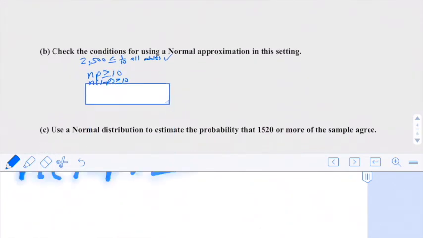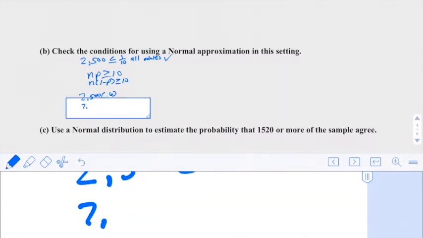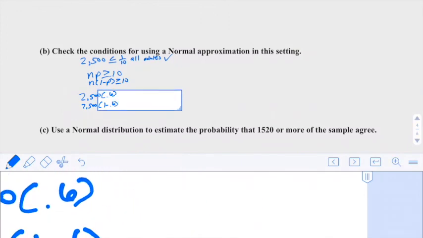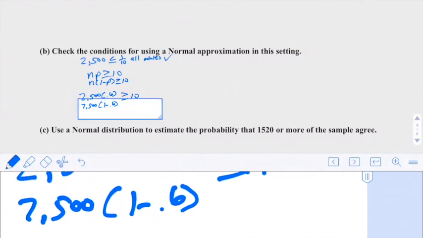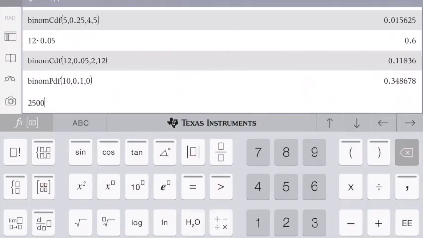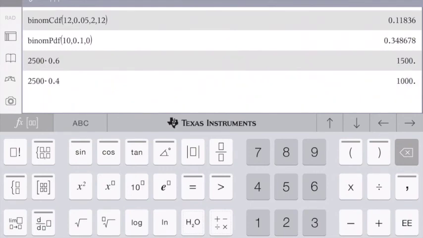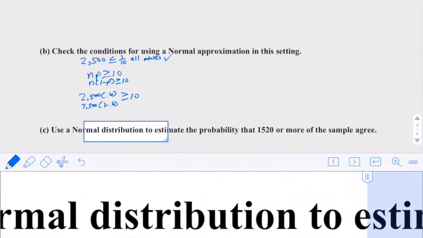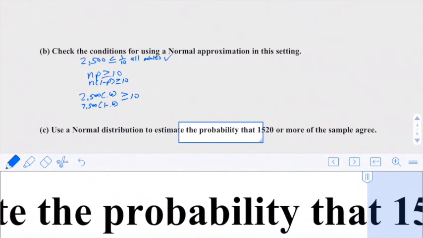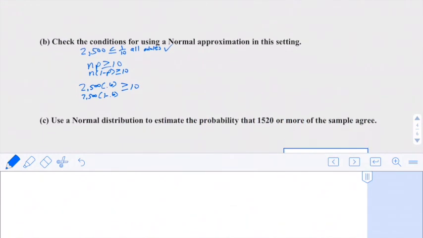So 2,500 times 0.6 and 2,500 times 1 minus 0.6, which is 0.4, are going to be greater than or equal to 10. We'll check that real quick. Totally fine.